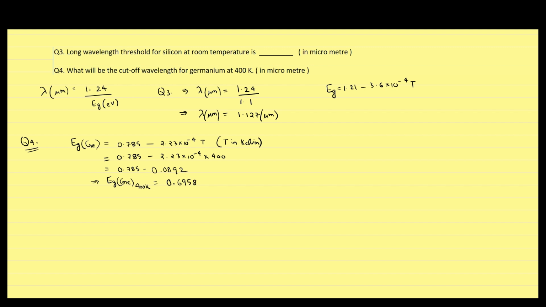Now we can use a formula. After calculating through the virtual calculator, the value will come around 1.78 micrometer.